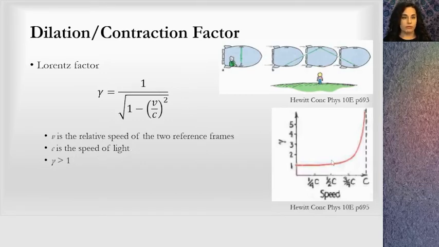And I put this graph over here from Hewitt that shows, as the speed increases, and notice that there's a maximum speed, right? At this point in physics, the speed of light is the maximum speed anything can get to. It is related to relativistic momentum and relativistic energy. Nothing can get as fast as the speed of light other than light.